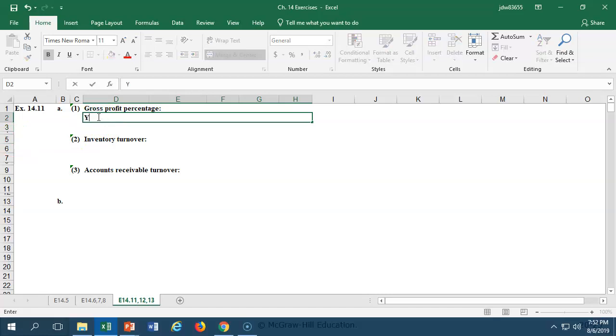So it's gross profit percentage, the gross profit rate. So what is it asking for both years? So it wants us to calculate for year 1 and then year 2. So you gotta calculate the gross profit first.